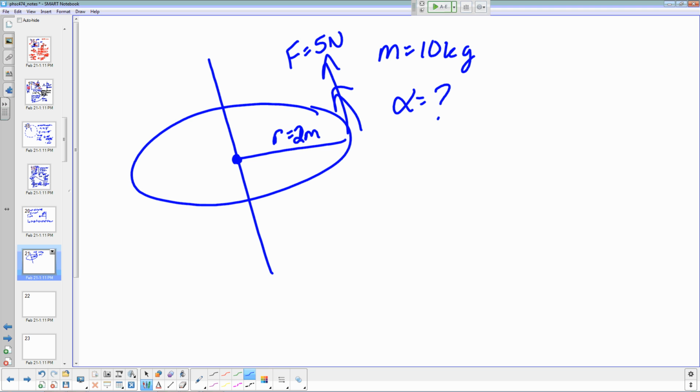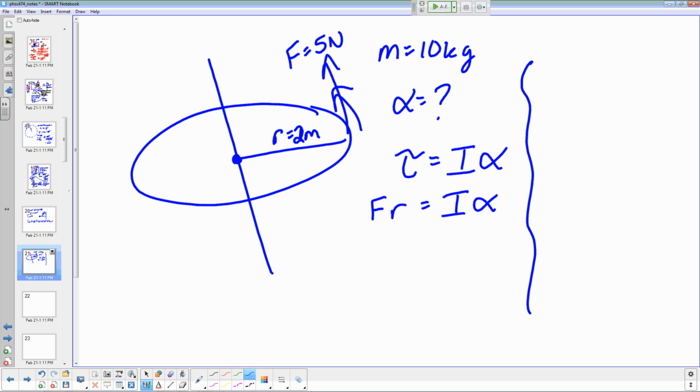All right, so I know from Newton's second law that torque is equal to I times alpha. It's Newton's second law in a rotational frame. My torque is equal to F times R, so that's equal to I times alpha.